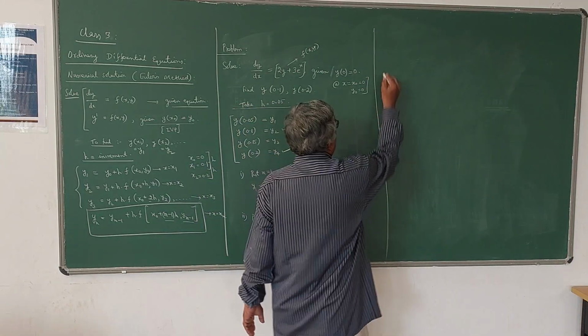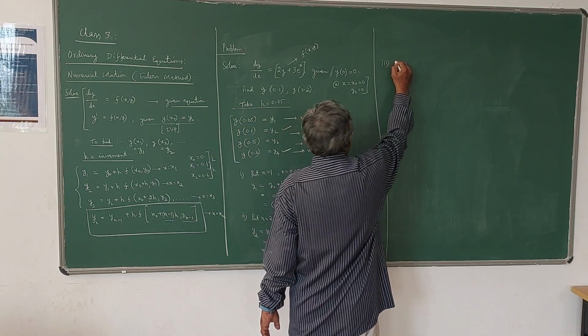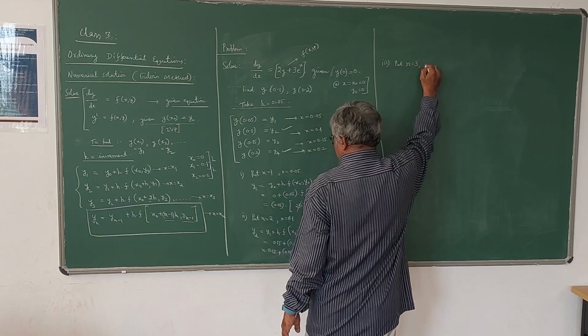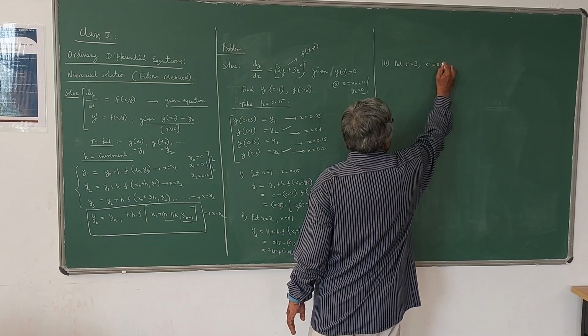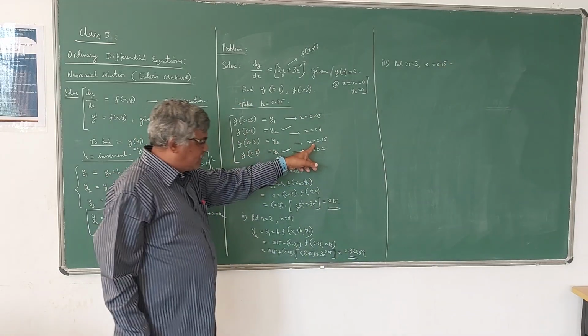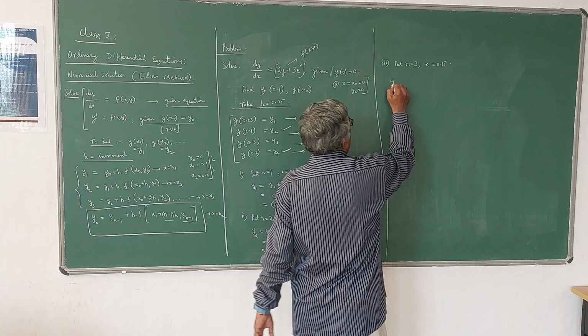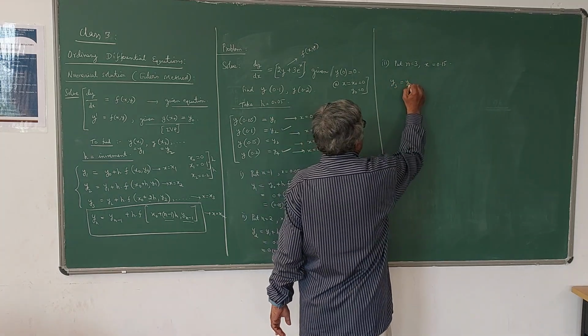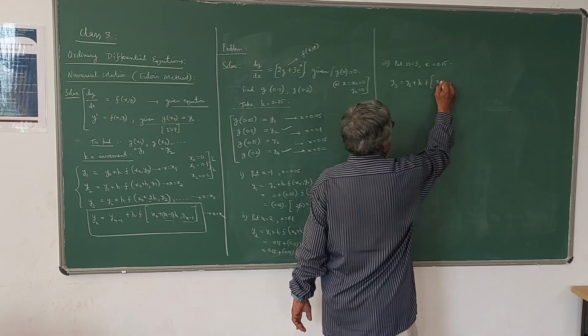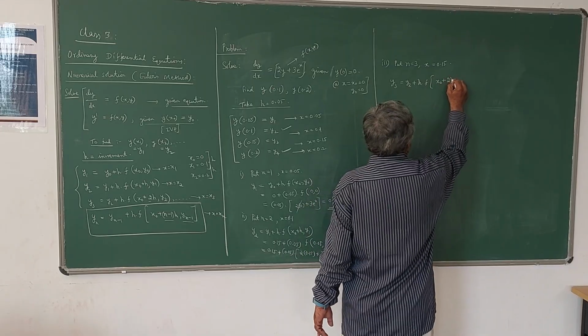And third value, put n is equal to 3. That means x becomes 0.15. Correct? Third value, 0.15. So y3 is equal to y2 plus h into f of x naught plus 2h.